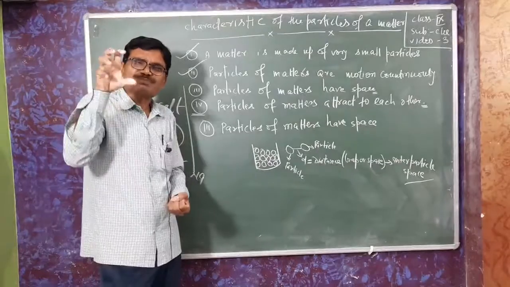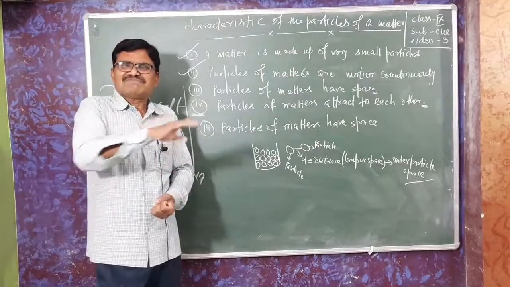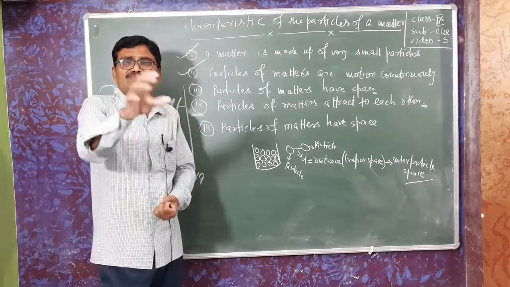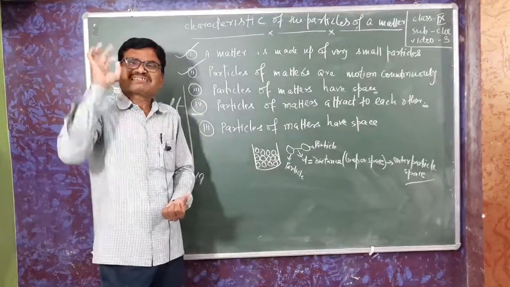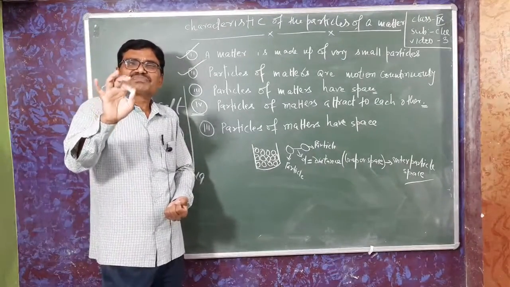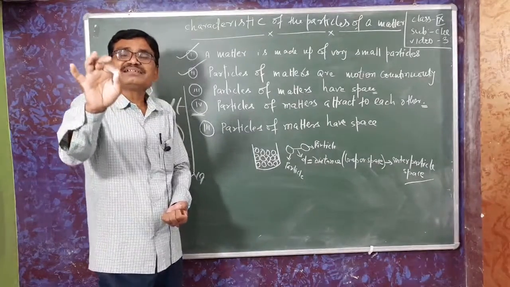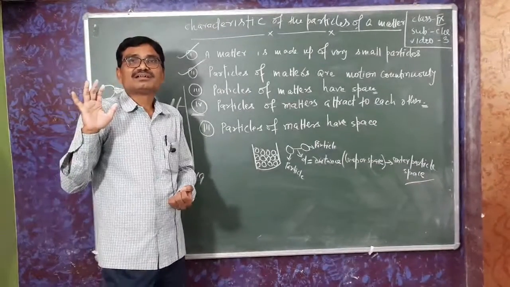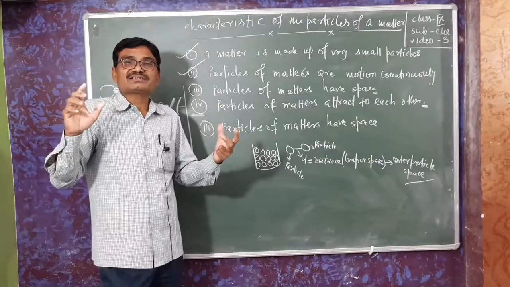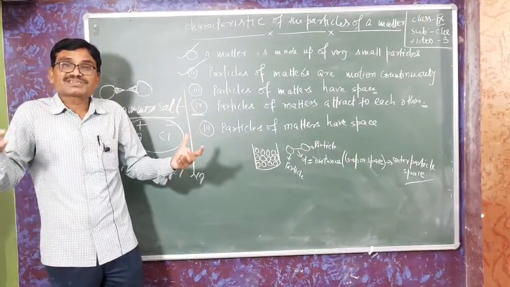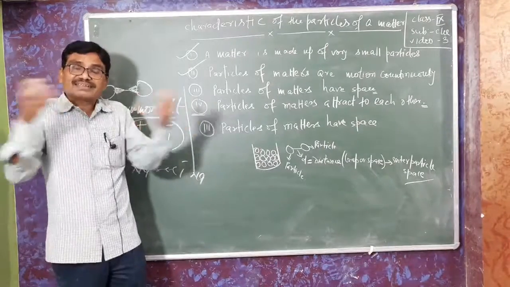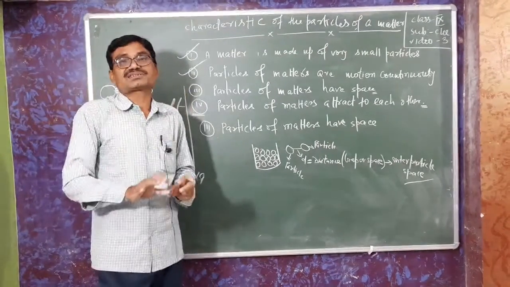So the particles of oxygen gas easily move from one place to another place. So its shape, size, volume are all indefinite. So we can say that the states of matter depend upon the arrangement of the small particles.